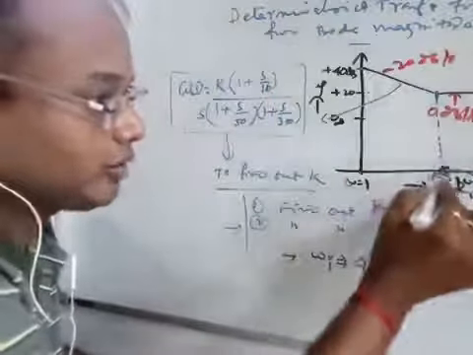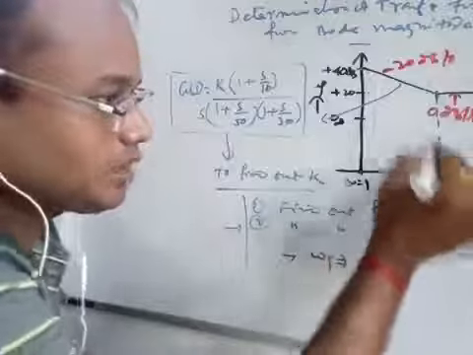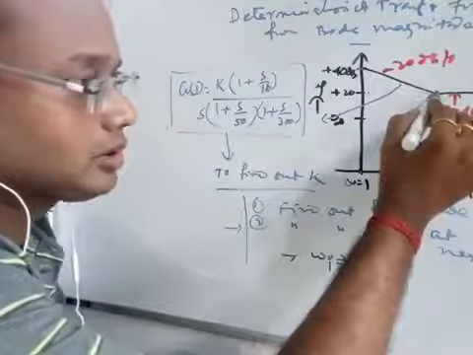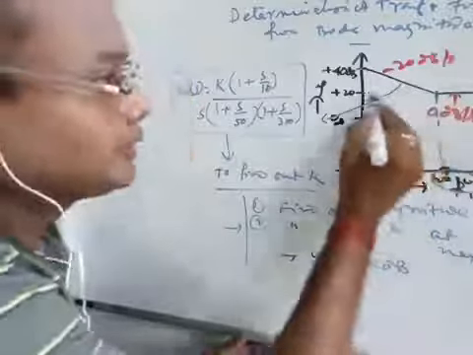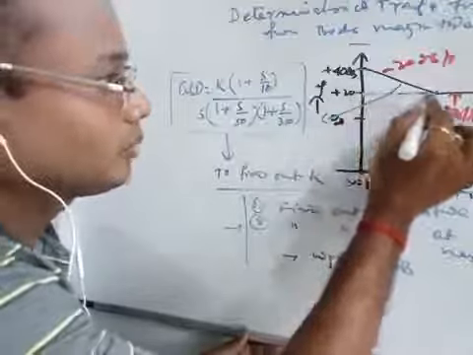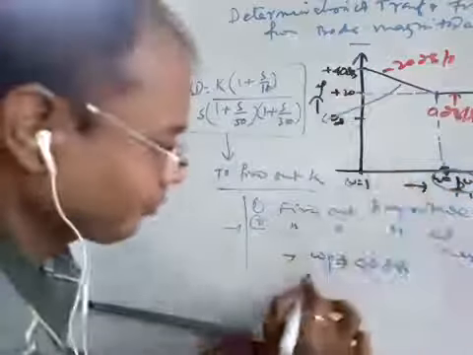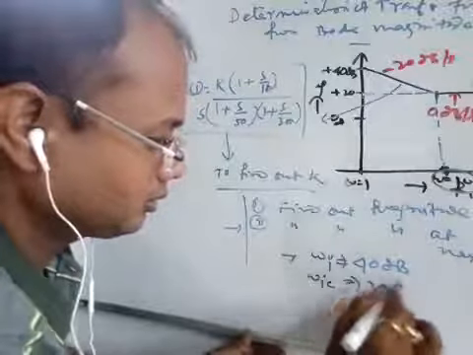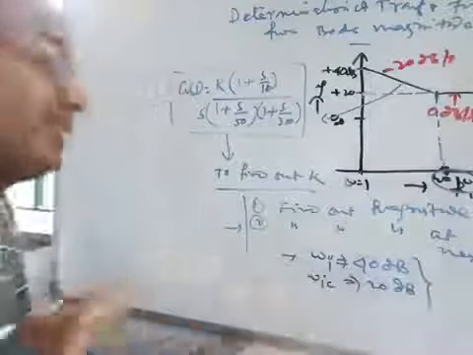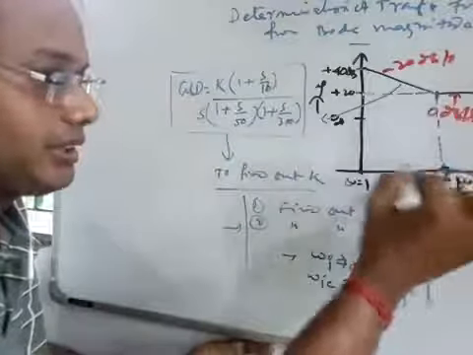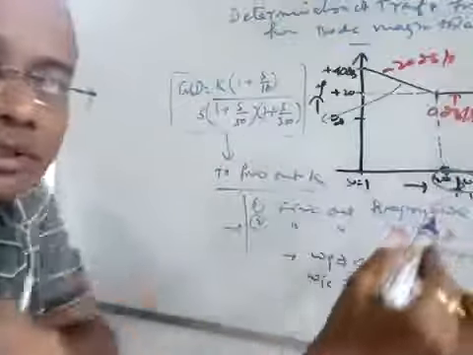So the immediate next corner frequency is 10. So what is the magnitude here? At omega equal to 10, the magnitude corresponds to 20 dB. Got it?